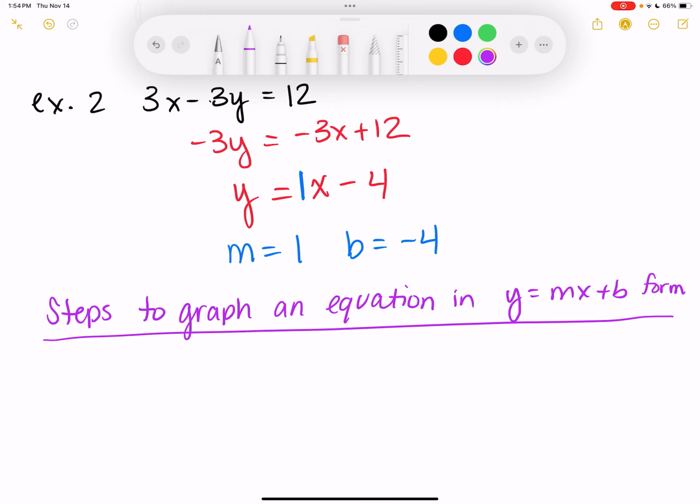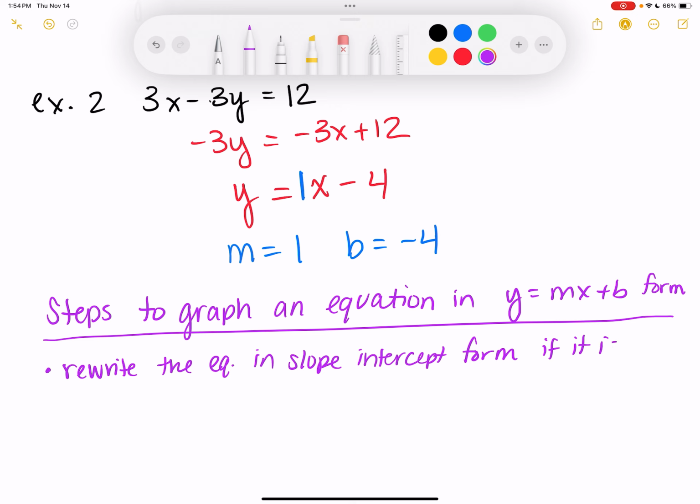So the first thing that you're going to do is rewrite the equation in slope-intercept form, if it isn't already written that way.